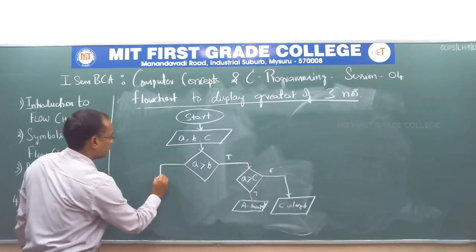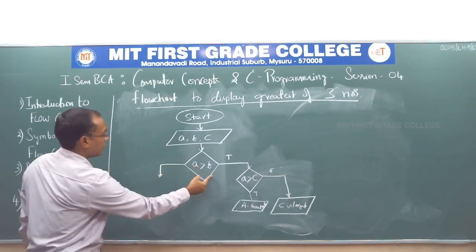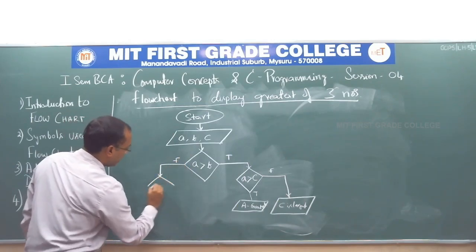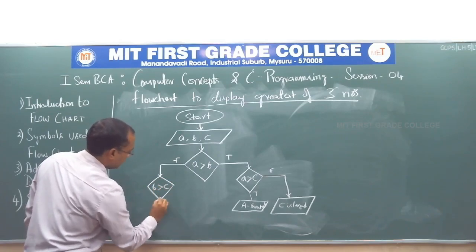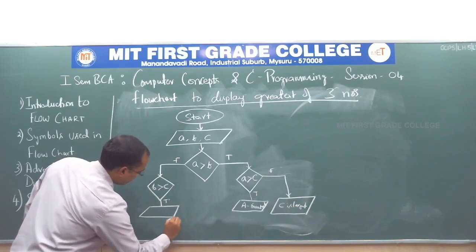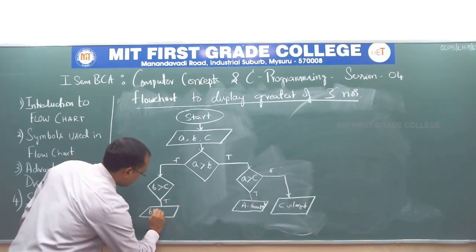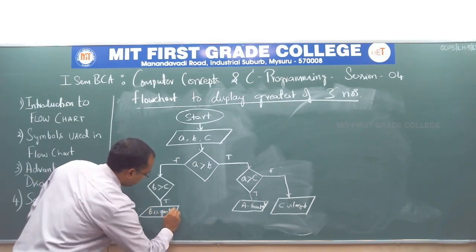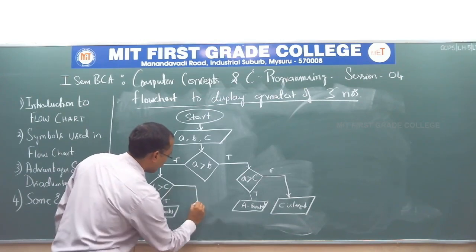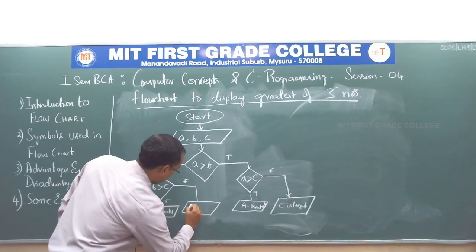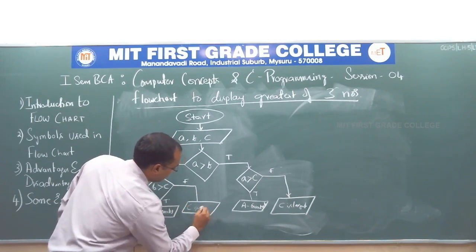Now if A is not greater than B, that is false, then you need to check whether B is greater than C. If it is true, then B is greatest. If it is false, then C is greatest.